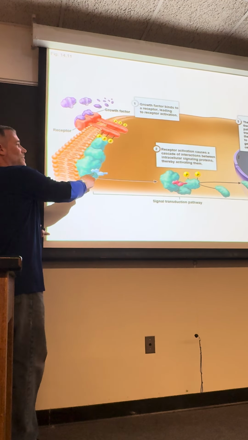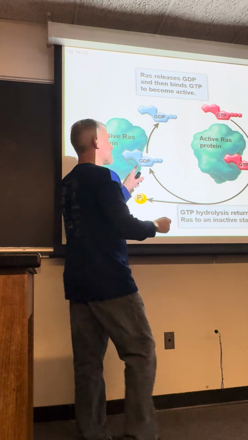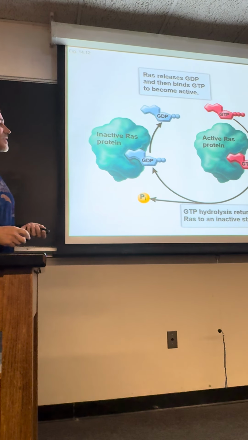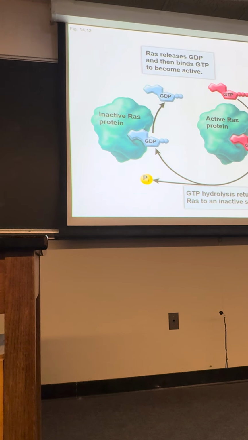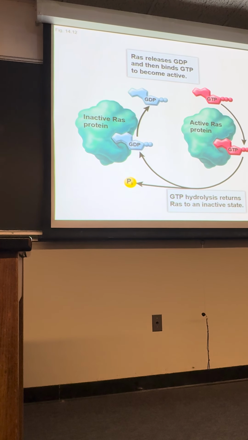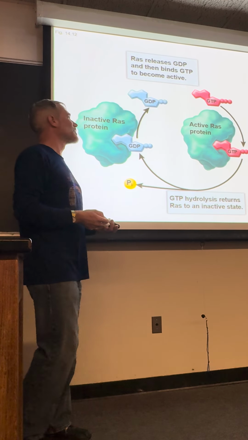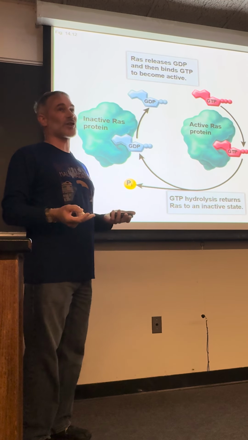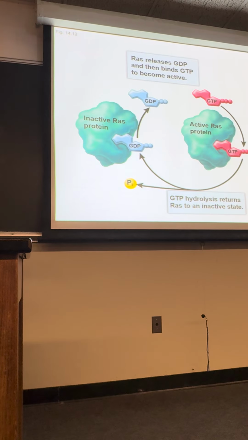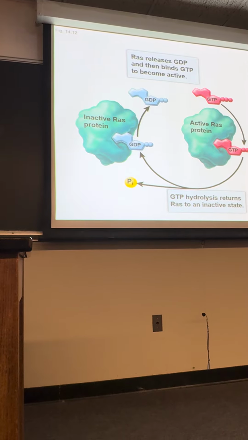But we talked about how RAS can be active or inactive depending on whether it's attached to a GDP or a GTP. And RAS is one protein that sometimes gets mutated so that instead of being controlled and turned on and off, it's just always on. Okay, it's always on. In fact, the name RAS came from the place where it was discovered, which was a rat sarcoma, which is a tumor that was found in a rat, and they were studying that rat to understand why, and so they named the protein that they found RAS.